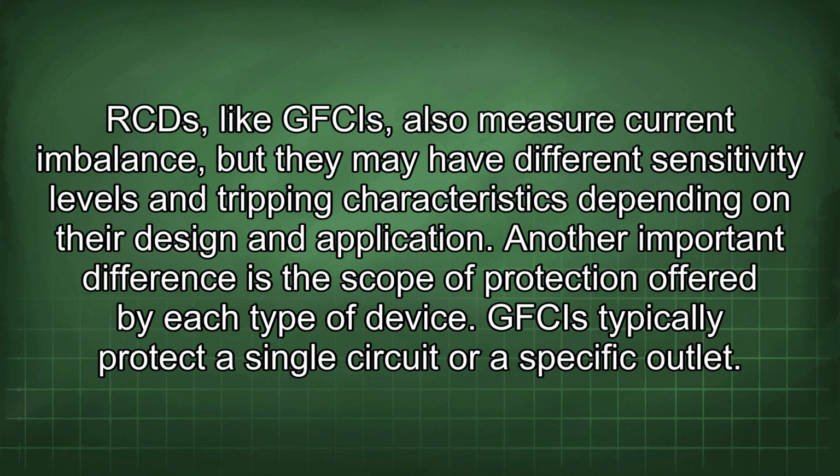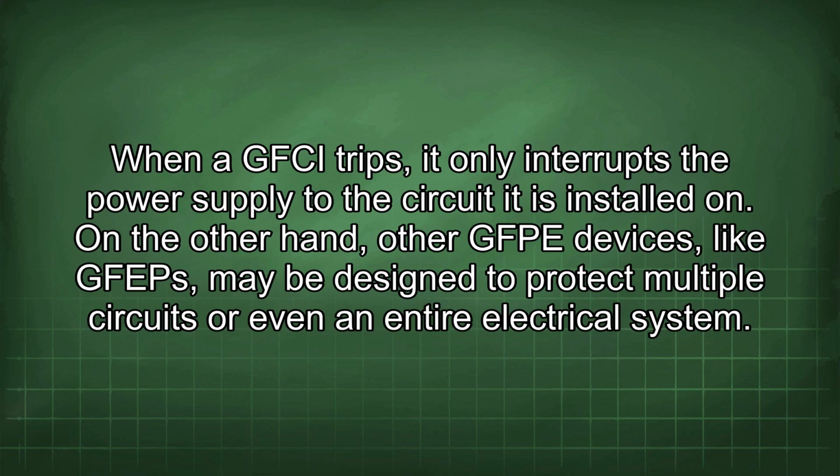RCDs, like GFCIs, also measure current imbalance, but they may have different sensitivity levels and tripping characteristics depending on their design and application. Another important difference is the scope of protection offered by each type of device. GFCIs typically protect a single circuit or a specific outlet. When a GFCI trips, it only interrupts the power supply to the circuit it is installed on.